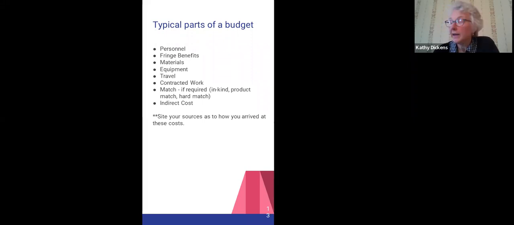Then, I learned this early on because I'm not a CFO, don't forget the fringe benefits that come along, because you don't want to saddle any organization with, hey, here's this beautiful grant, and I got the salary covered, but the fringe benefits you're going to have to eat. We all know fringe benefits are a huge percentage now of what you pay people. So don't forget about that if this is a larger grant ask.